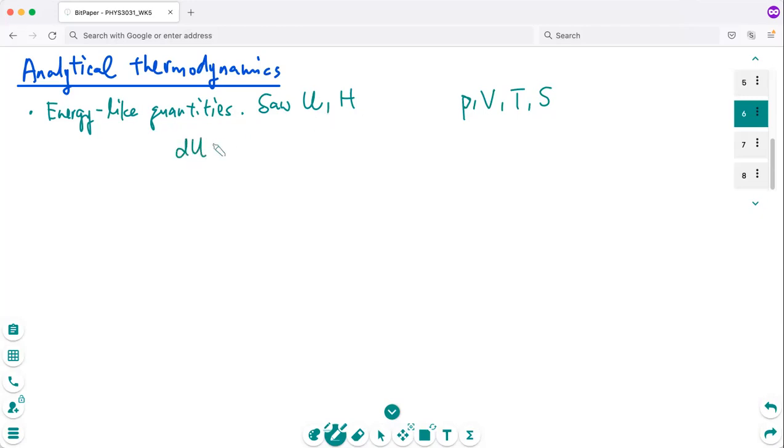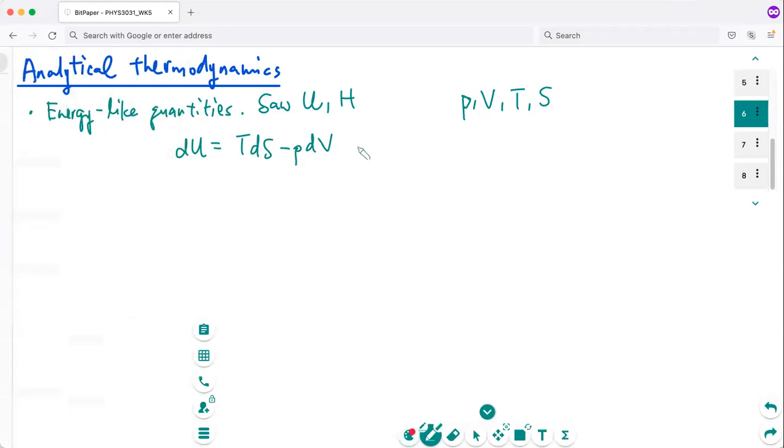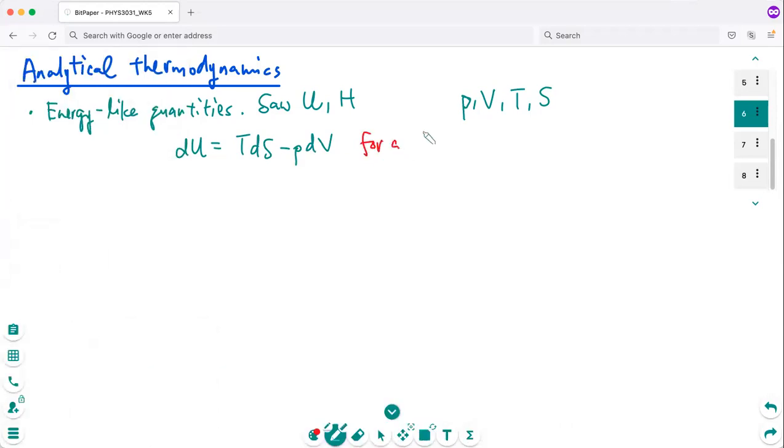Our first law and the second law combined tell us we have this result. Let me highlight this: it is for a fixed number of particles.